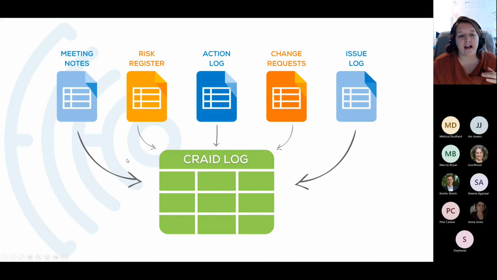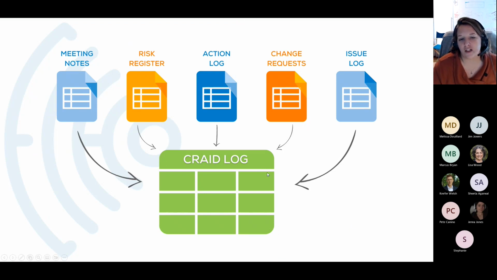With ECHO, it's actually one of our clients that we were implementing this for that did this. We were talking about RAID, but they didn't have a change management system set up. The only thing they could do is track budget changes, but they didn't have changes to scope or requirements, or changes to resources or the schedule that had been agreed to. So what we started to do was track meeting notes, the risks, actions that came out of meetings, potentially changes, as well as issues.